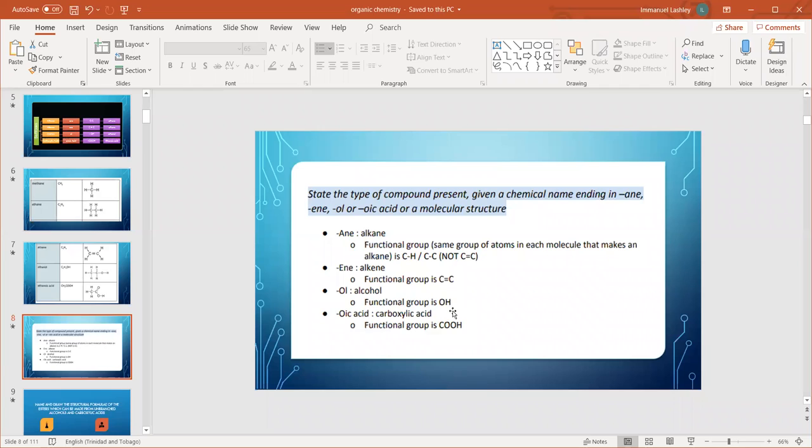The functional group for the alkanes is not C double bond C. It is carbon bonded to a single carbon, or if you wanted to say carbon bonded to hydrogen, that might be accepted as well. For alkenes, it's carbon double bonded to another carbon. For alcohols, the functional group is an OH group, while for acids, the functional group is C double bond O, OH.